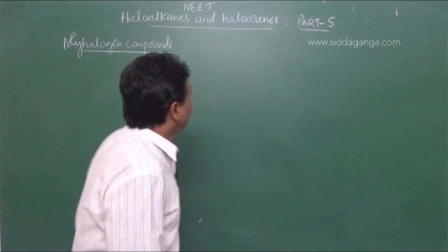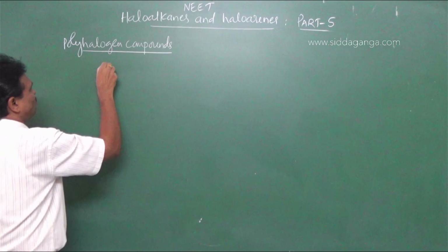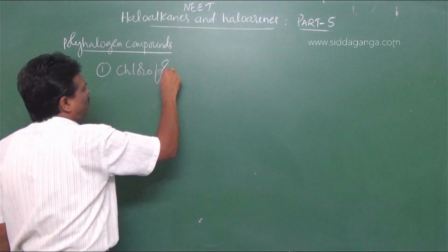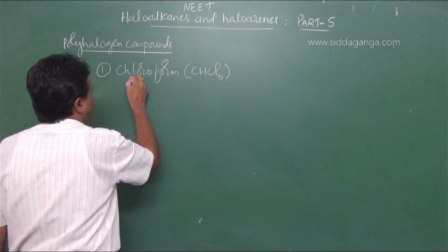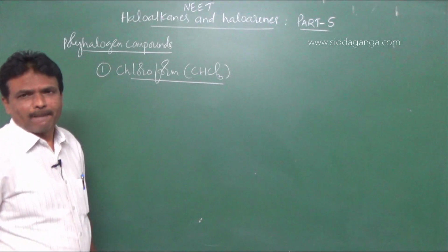In case of polyhalogen compounds, the first one is chloroform. Formula is CHCl3. So how is chloroform prepared?